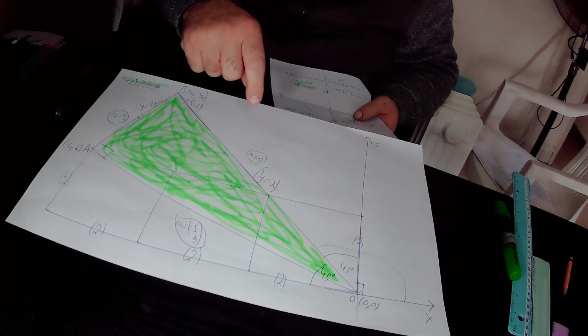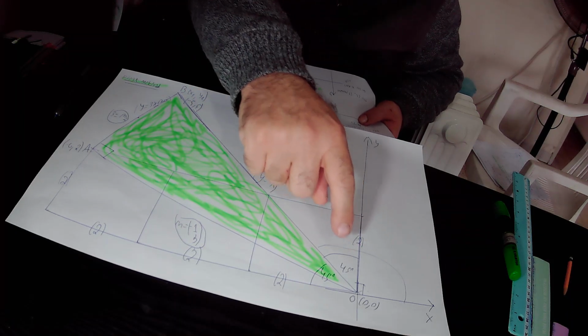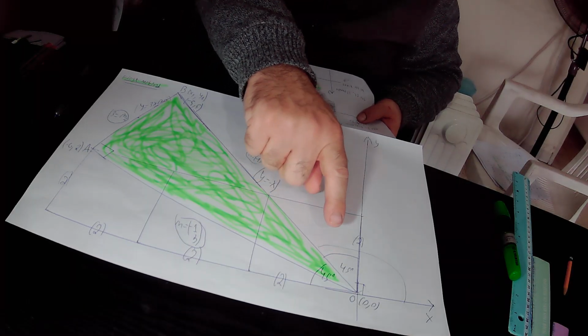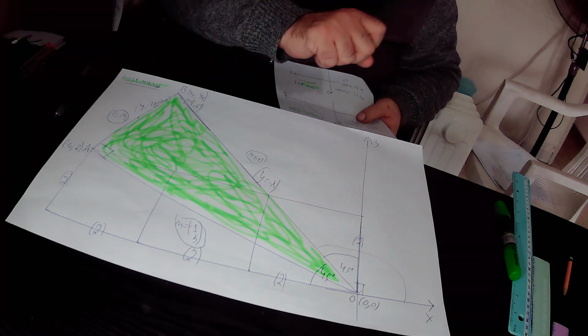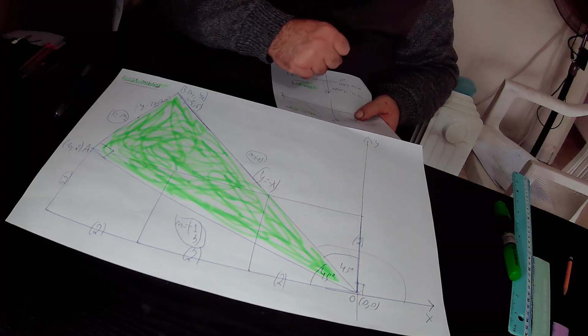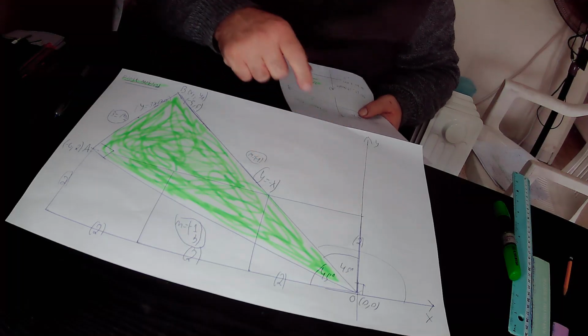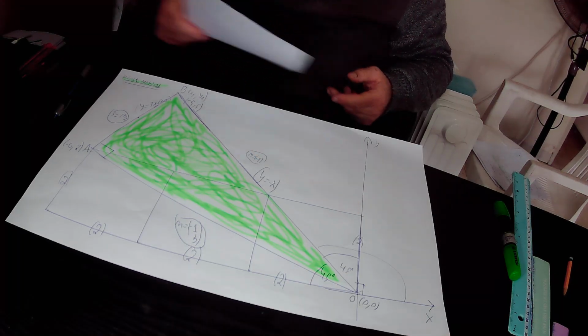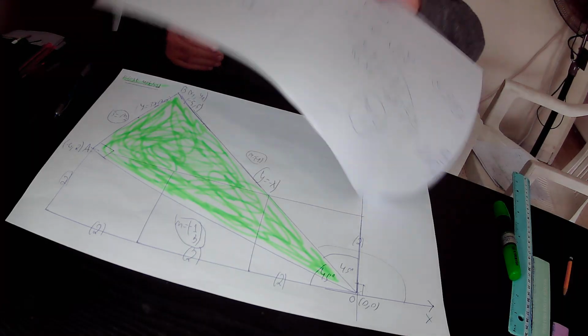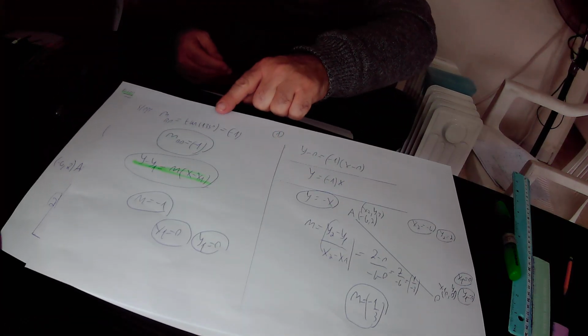Because the diagonal of this square bisects this angle, so each one must be equal to 45 degrees. So 45 degrees plus 90 degrees is 135 degrees. Therefore, the slope of this straight line BO, the slope m, equals tangent 135 degrees.